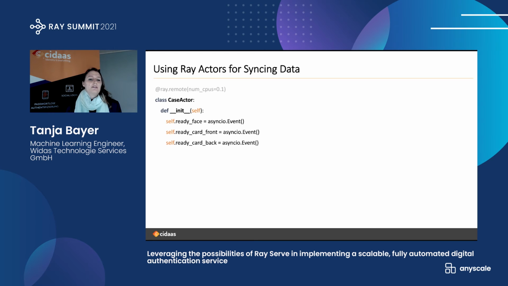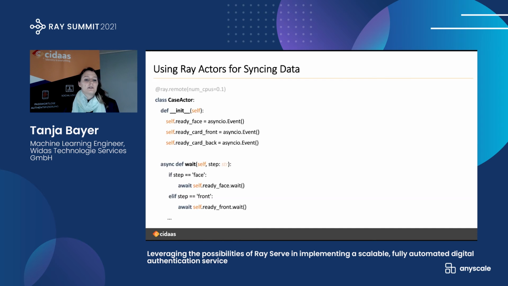So we have one event for the face, one event for the front, and one event for the backside. To enable other processes now to await those events, we need to provide a function, which we called wait, and which needs to be asynchronous because it has the await in there. And depending on the input we get, it decides which event needs to be awaited.